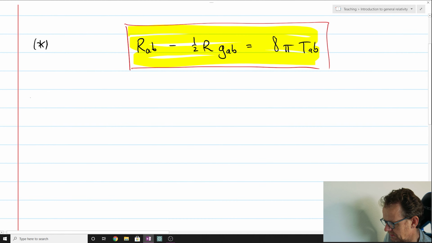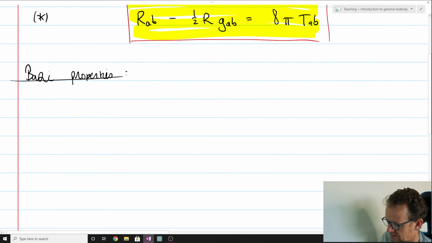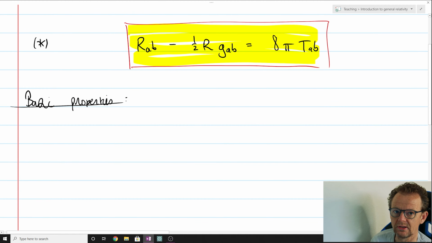Okay, let's start with some basic properties of this equation of motion for space-time. What are some basic things that we can do with these equations and some basic consequences we can derive?